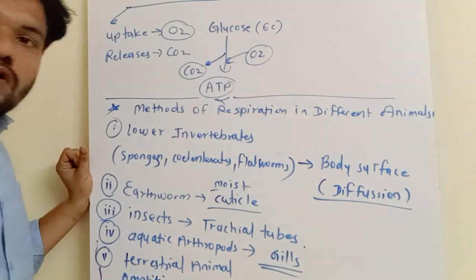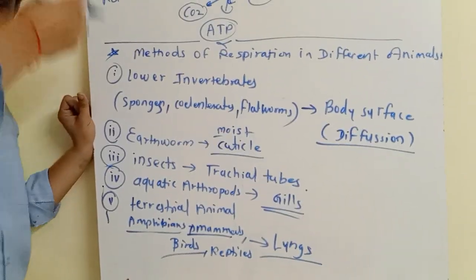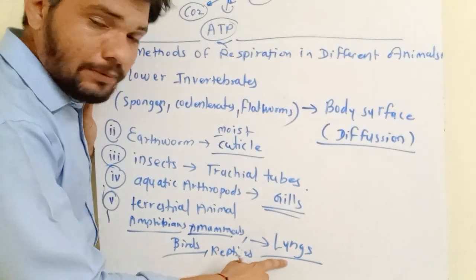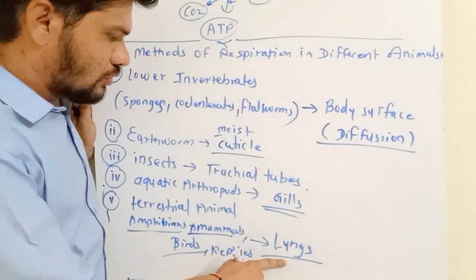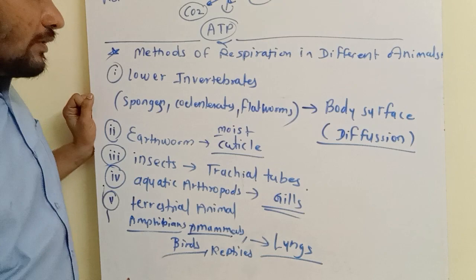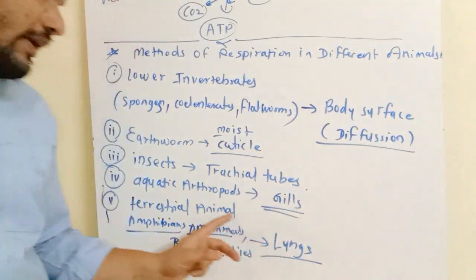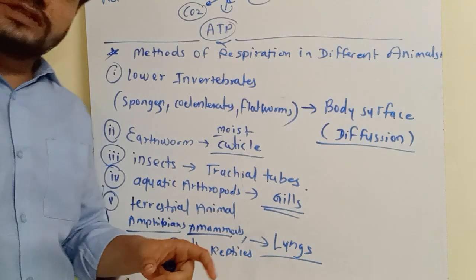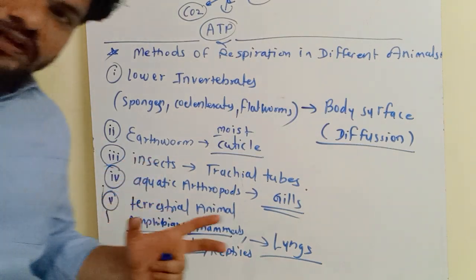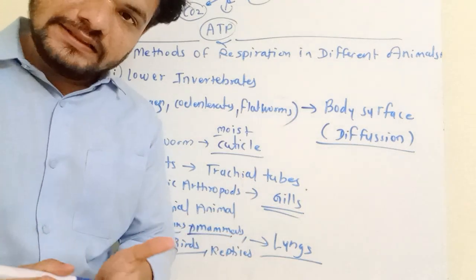Whenever organisms use their lungs, they are performing pulmonary respiration. Whenever they use gills, that is branchial respiration. Then tracheal respiration. So these are the different methods of respiration present in the animal kingdom.